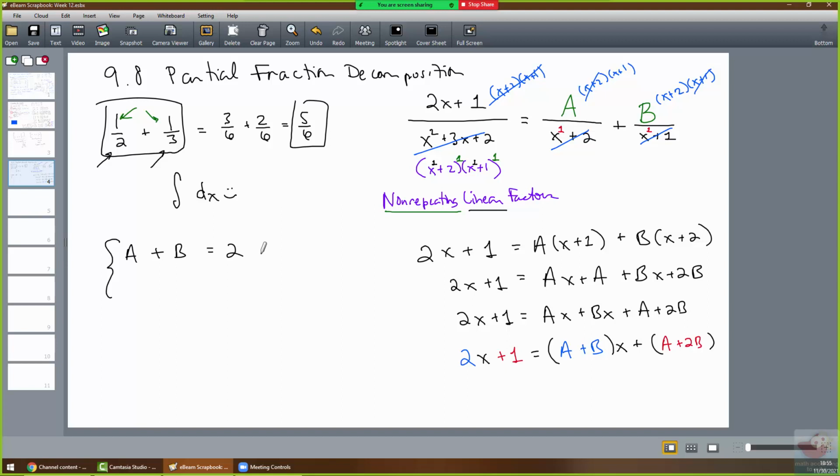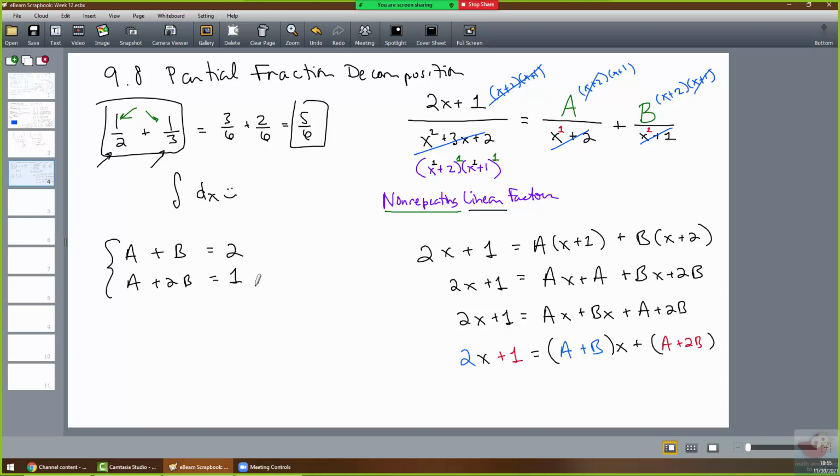The coefficient on the left must equal the coefficient on the right. Likewise, the constant on the left is A plus 2B. The constant on the right is 1, which means they have to be equal.